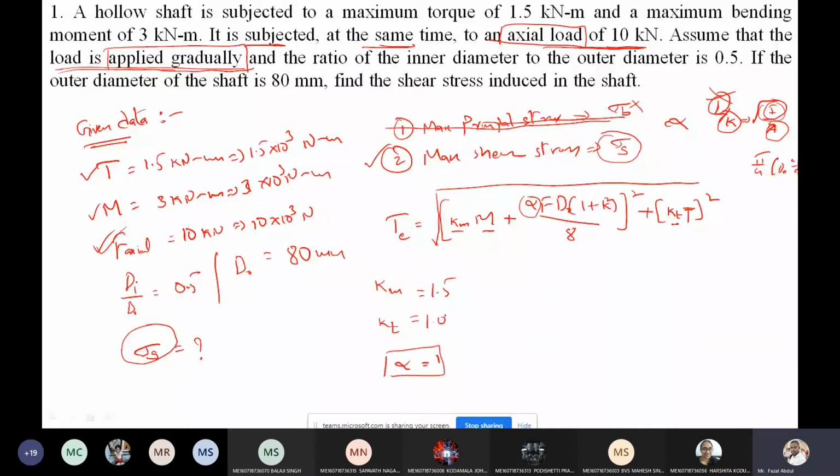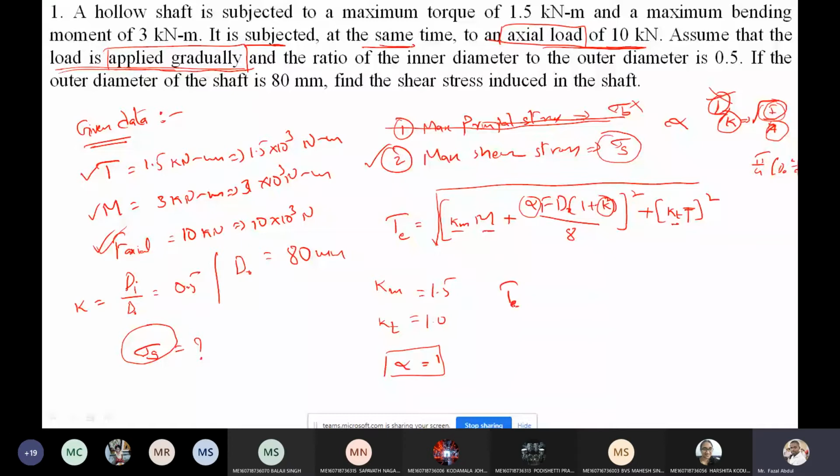Okay. And d naught value is given in the question, the outer diameter is given. And k is the ratio of diameters, so k value is given in the question, di by d naught as 0.5. Substitute all the values in this equation.